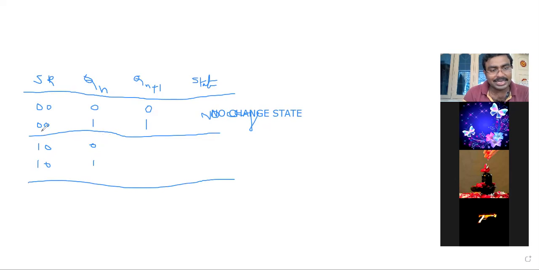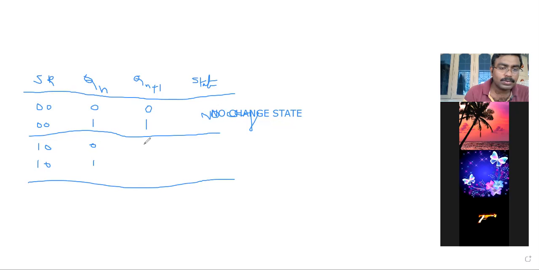You can see here, guys, set is high. When present state is 0, what have you observed? 1, sir. And when present state is 1, what have you observed? 1, sir. 1 always.